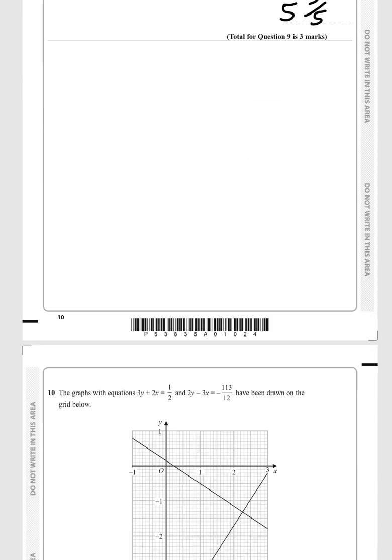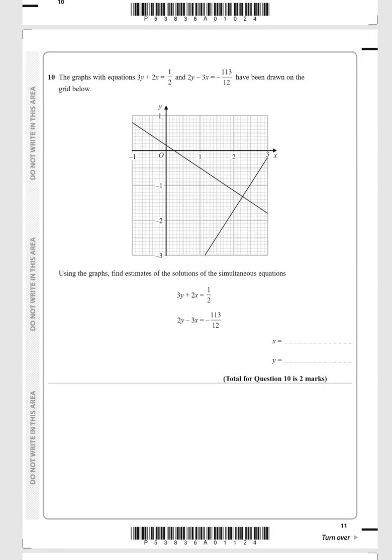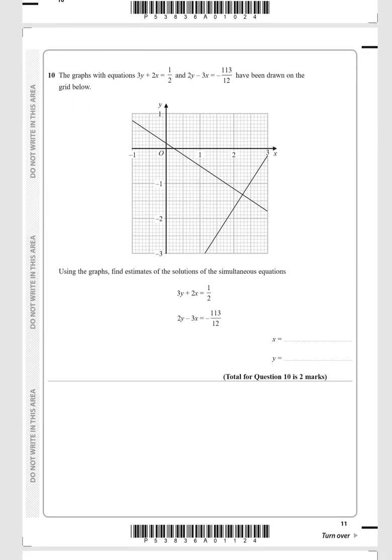Okay, let's have a look at number 10. The graphs with equations 3y plus 2x equals a half and 2y minus 3x have been drawn on the grid below. Right, okay, so that's the first one and that's the second one. Use the graph to find an estimate for the solution of the simultaneous equations.